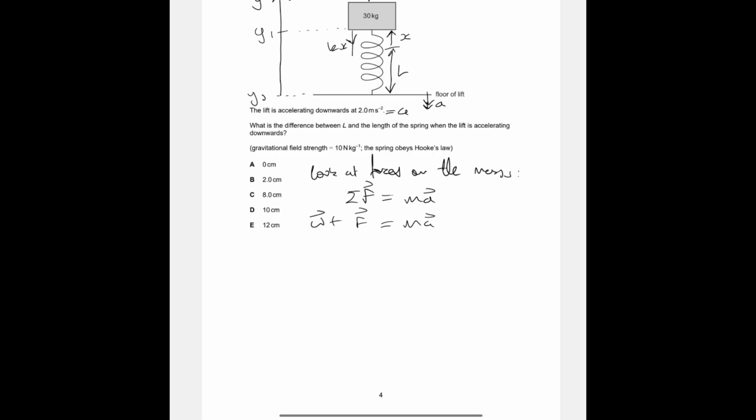And the acceleration is the second derivative of the position. In this fixed reference frame, the position of the mass is given by y1 j.